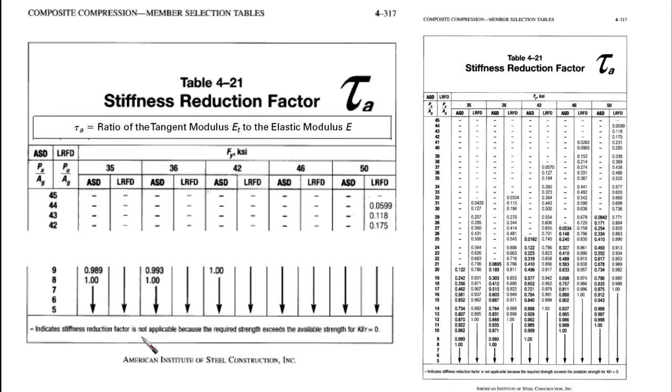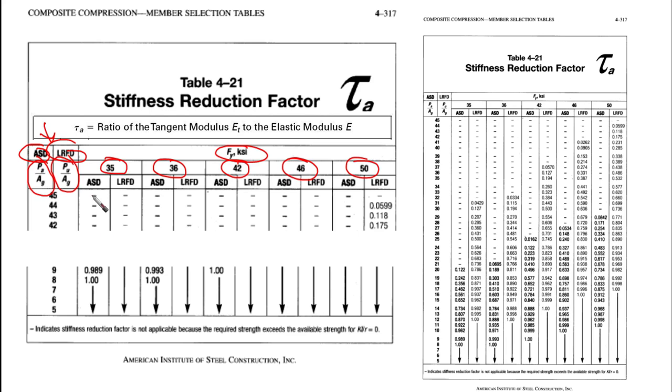This is the table that you can find in the manual, Table 4-21. It's a one-page table, and it is given for ASD and LRFD based on Pa over Ag, or Pu over Ag if we're talking about LRFD, and Fy in ksi, given for 35, 36, 42, 46, and 50. That's what they are providing.